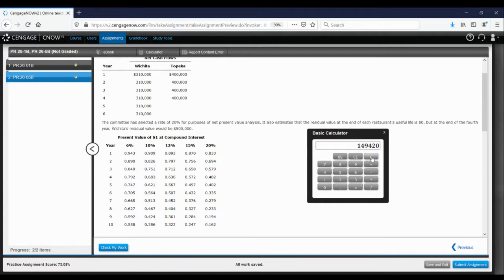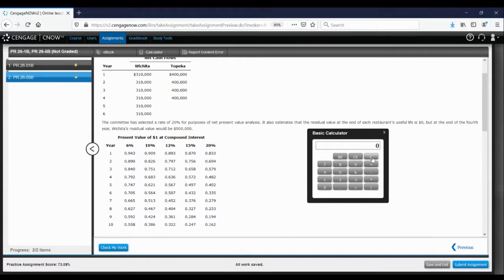So we will have to calculate the present value of $500,000 at the end of year 4. We're going to multiply this by the present value table factor for 4 years at 20%, which is 0.482. That 500,000 times 0.482 will give you the present value of 500,000, which is 241,000.